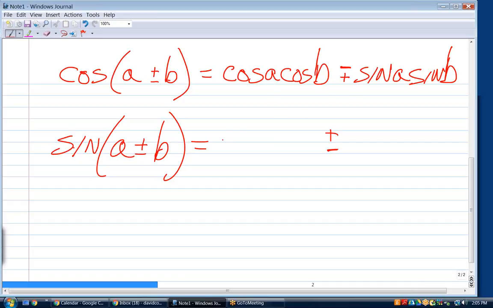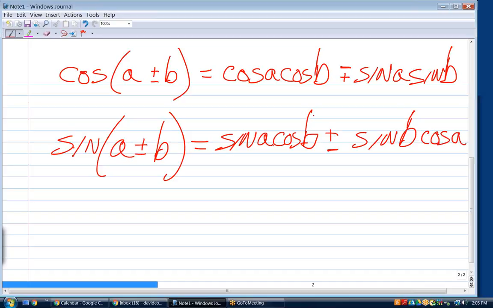Only it's sine cosine, sine cosine. It's sine of A, cosine of the other angle, B, plus or minus, and then the opposite. And the only opposite you could get would be sine of B, cosine of A. Okay. So those are your two primary formulas, and then you can work out tangent.